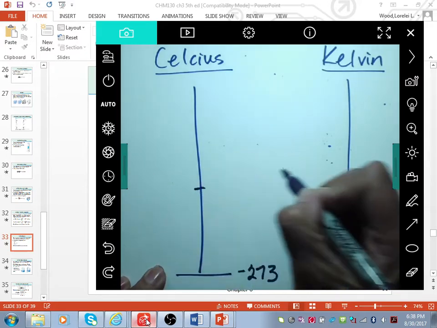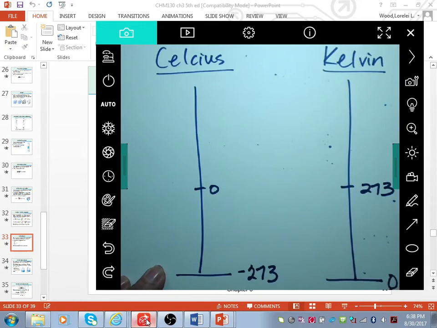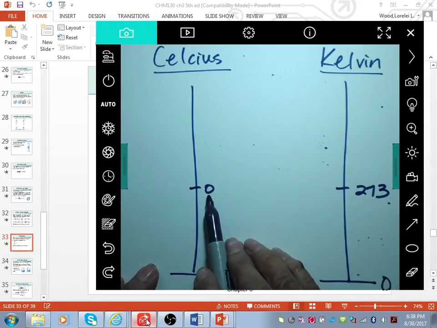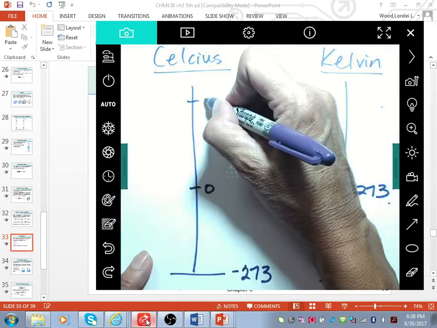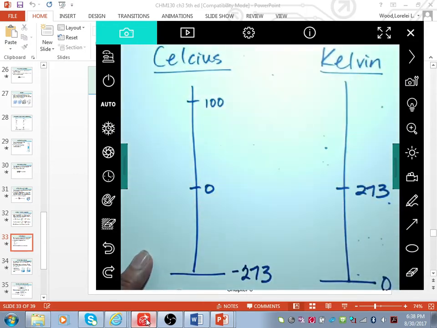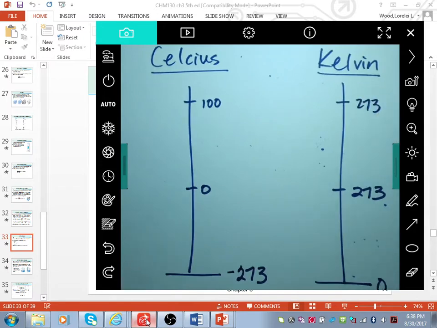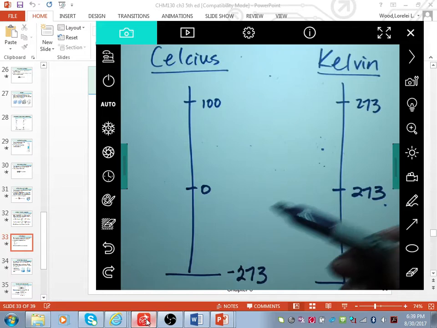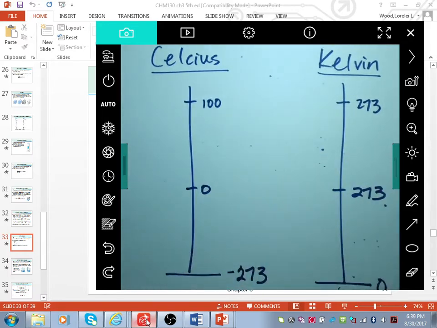That means that at Celsius 0, Kelvin is 273, right? So this is where water freezes. Water boils at what temperature, if we're at sea level? We're a little bit above sea level here, so it's a smidge below 100. But if you're at sea level, it's 100. So what must water boil at in Kelvin? 373. So you can see that it's simply 273 degrees difference. That 1 degree change in Celsius is still 1 degree change in Kelvin.